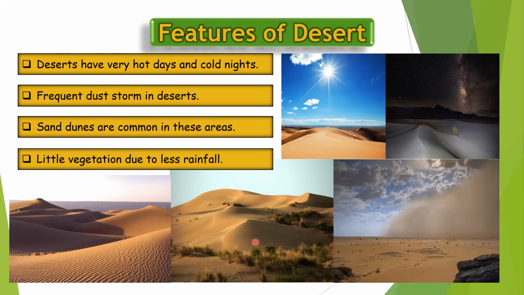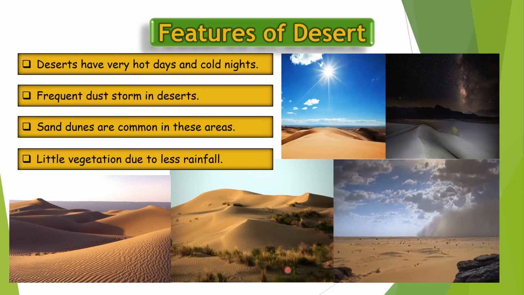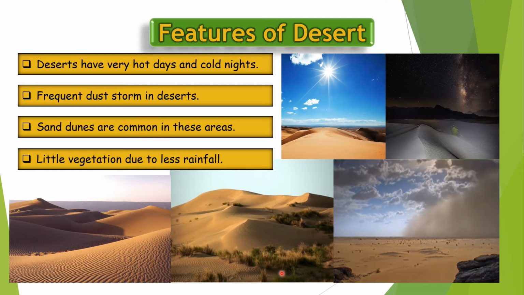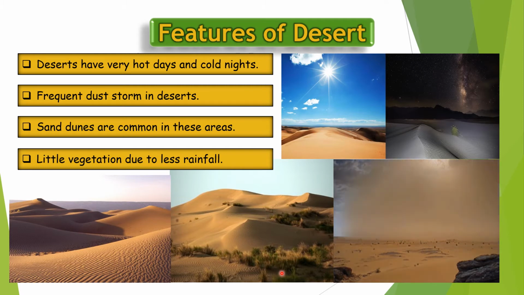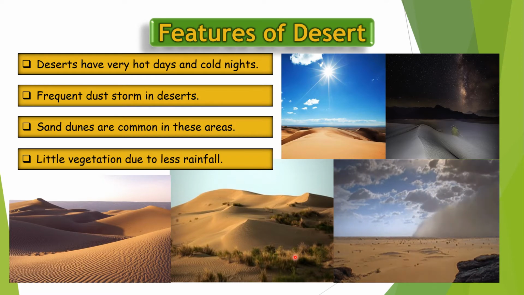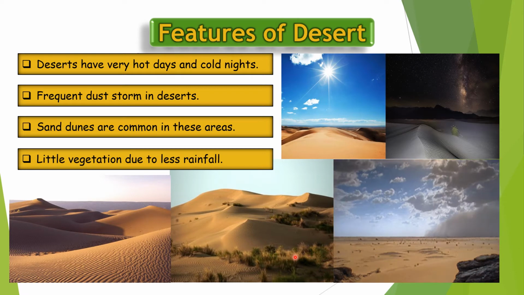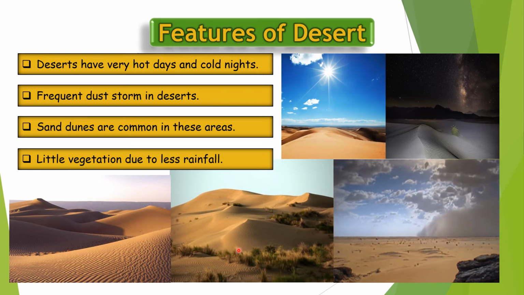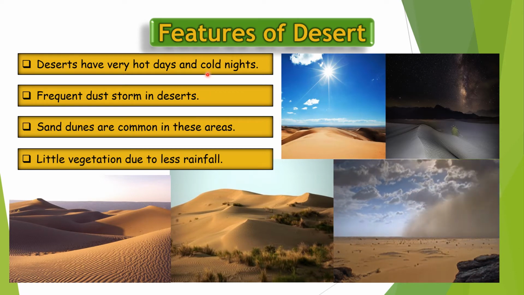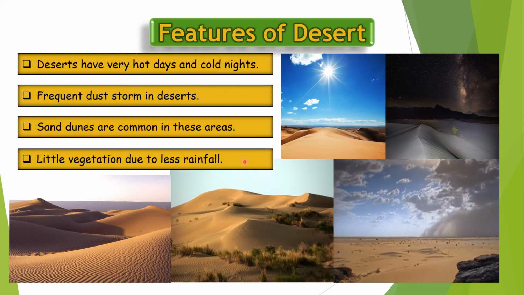And in a dry climate, when there is no water, farming becomes really difficult and planting trees becomes difficult. So they have less vegetation, means less greenery, because there is not sufficient water for watering plants. Clear? So these are some features of deserts.